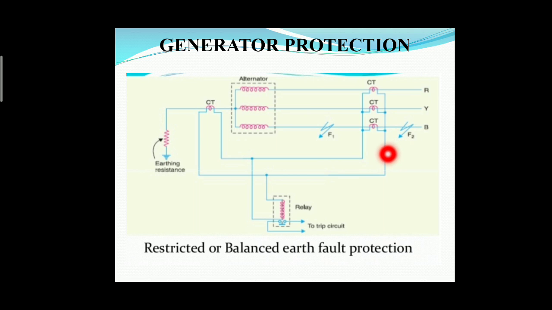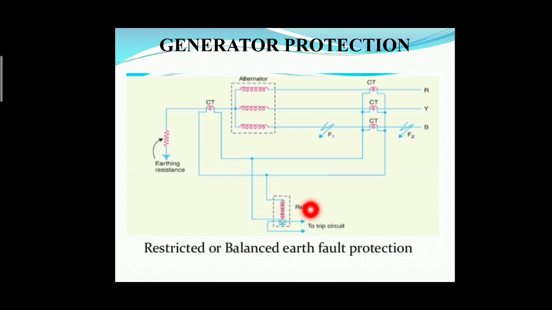The current flowing in the secondary to the neutral is also 0. Thus the relay is de-energized, as the secondary currents of the CT are equal to 0.